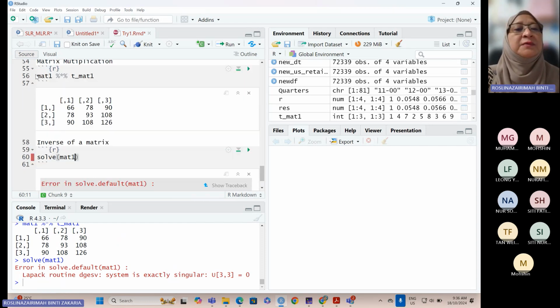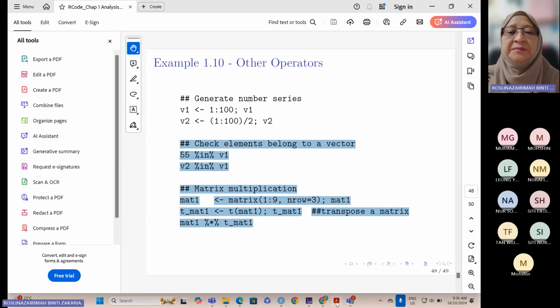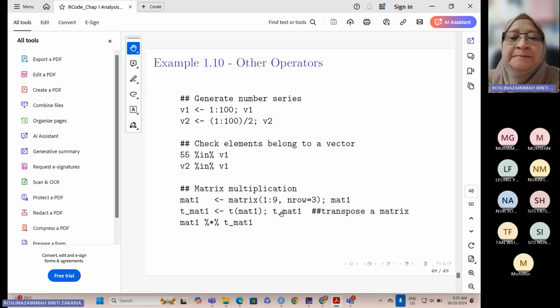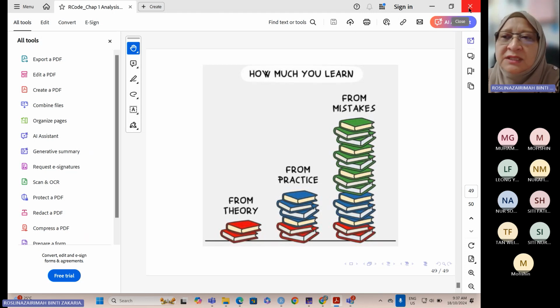What if I take the transpose? Oh, also cannot. It's okay. Maybe the matrix that I constructed is a singular matrix. So we are done with R. Of course, you can explore further if you want.